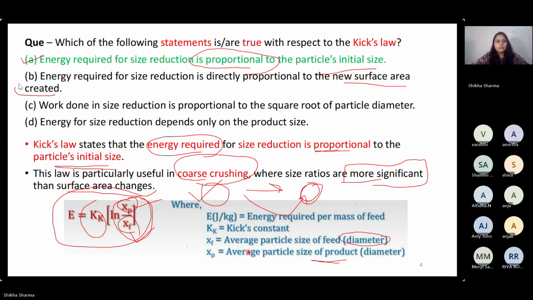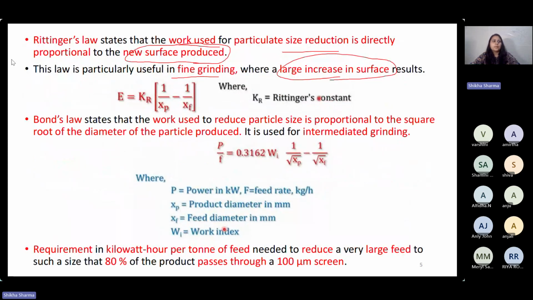The law related to the surface area is mostly Rittinger's, because in fine grinding more of the surface is exposed. That's why we apply Rittinger's law in fine grinding, which says that energy equals K_r, the Rittinger's constant, multiplied by (1/xp minus 1/xf).